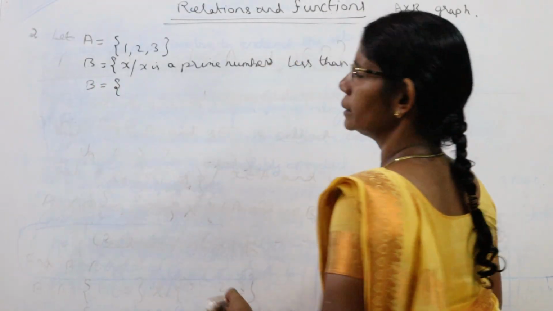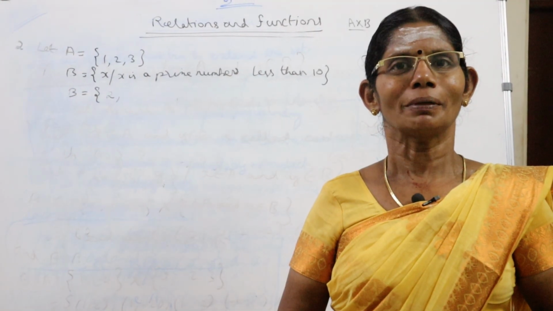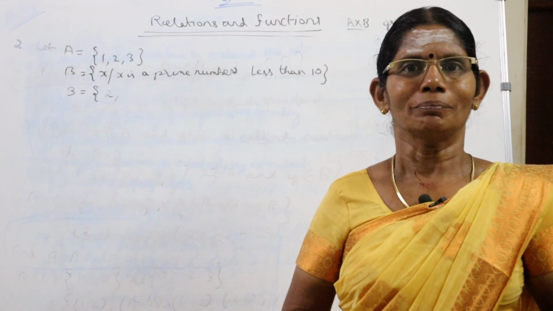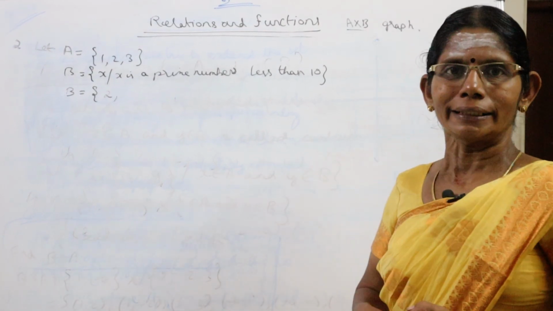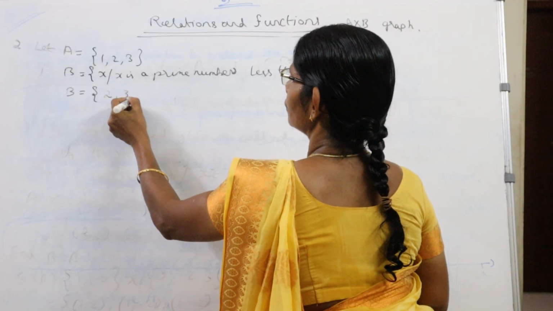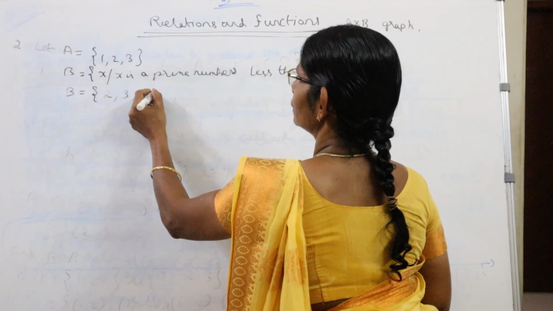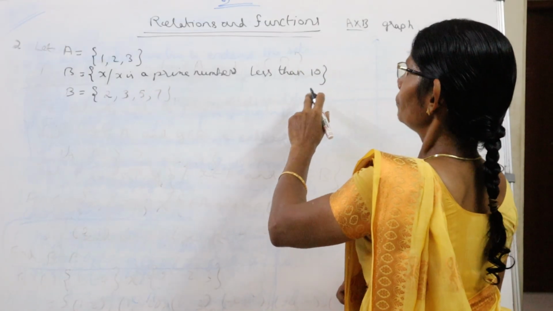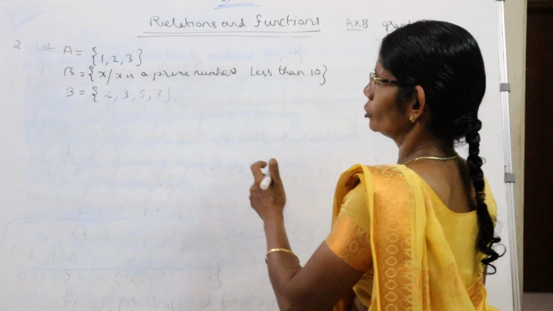What are prime numbers? A number which is divisible only by itself and 1 is called a prime number. What are the prime numbers less than 10? 2, 3, 5, 7. 11 is also a prime number, but it is greater than 10, so we leave it off.